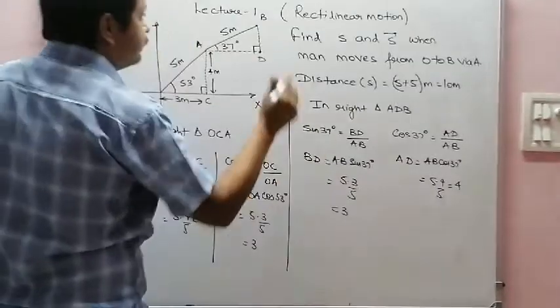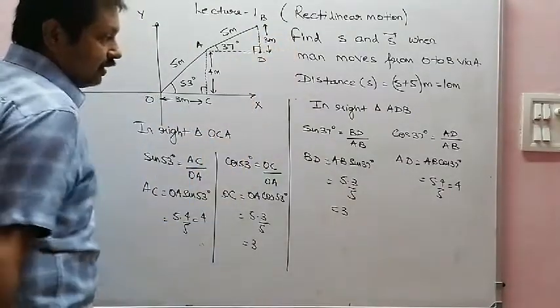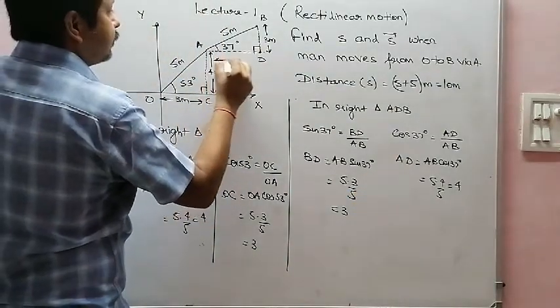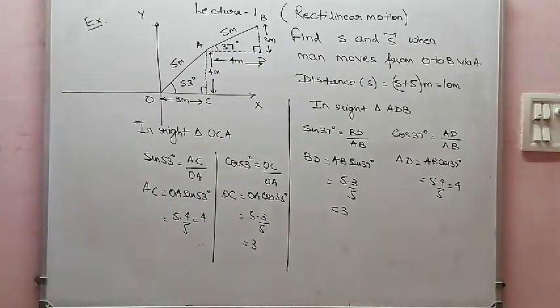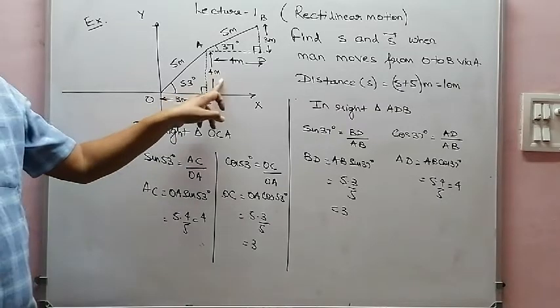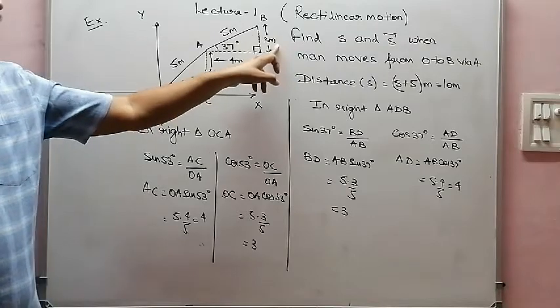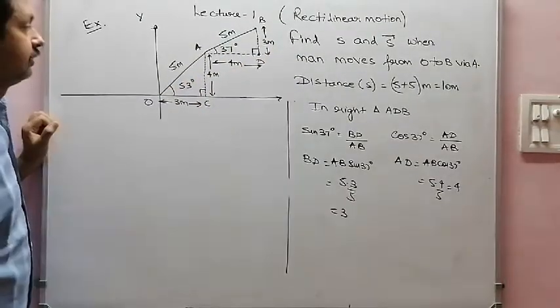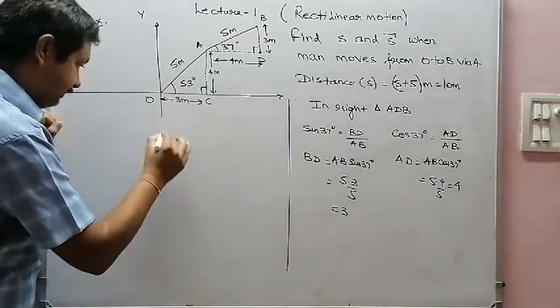Again BD, this length is 3 meter, and again AD is again 4 meter. Clear? So this is 3, 4, 4 and 3. Clear? Now we see. So now again we draw it again.